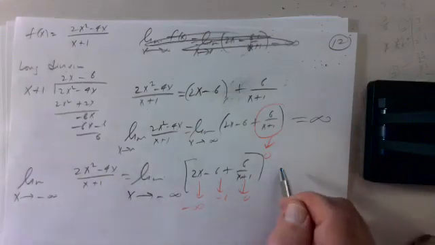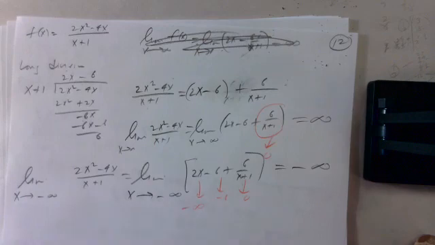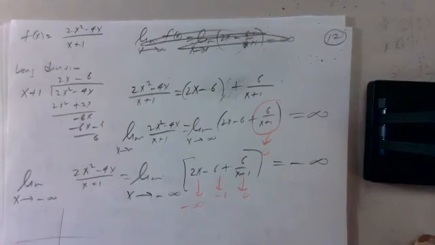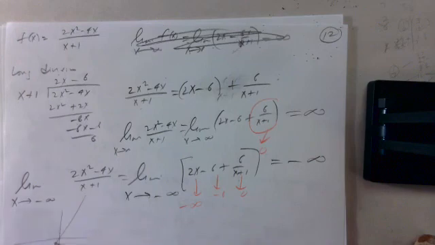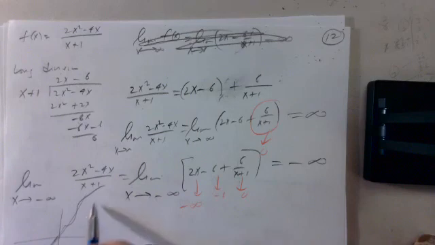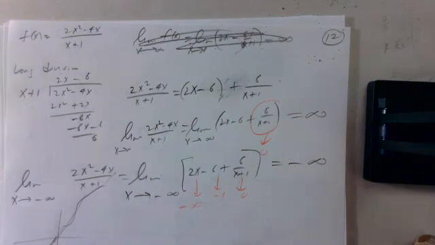So this limit is -infinity. So whatever the graph of this function looks like, it's going out to +infinity as x goes to +infinity, and it's going to -infinity as x goes to -infinity.